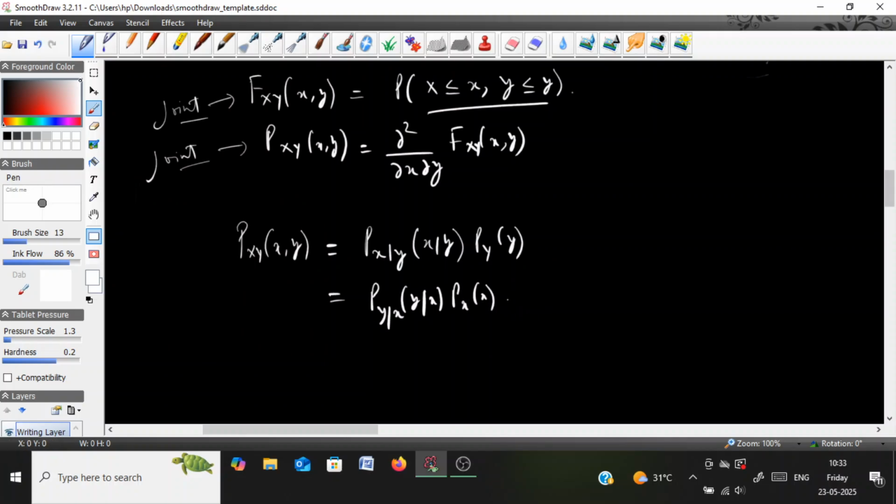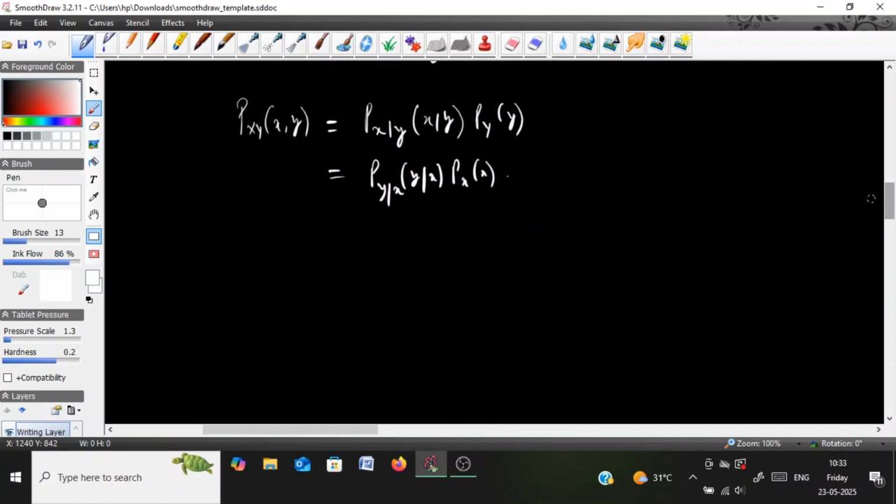Okay, and likewise you can also define independent random variables, like we have defined independent events in probability. So if the two random variables x and y are independent, then of course the conditional probability of x given y will be simply the probability of x.